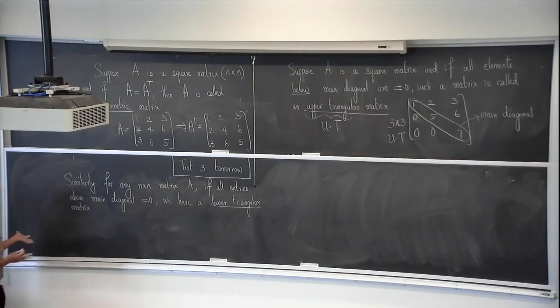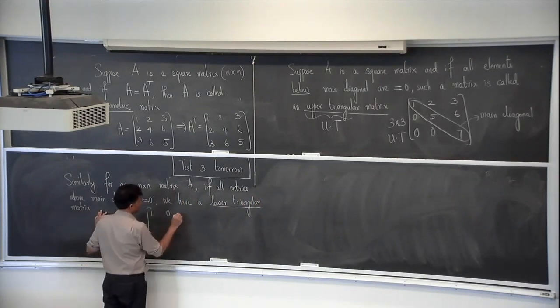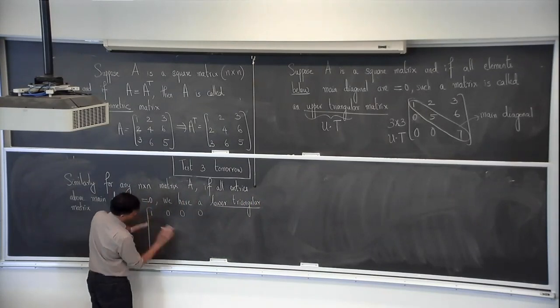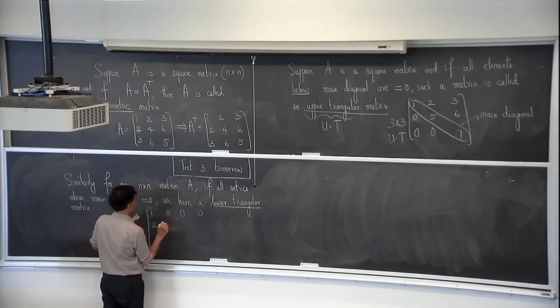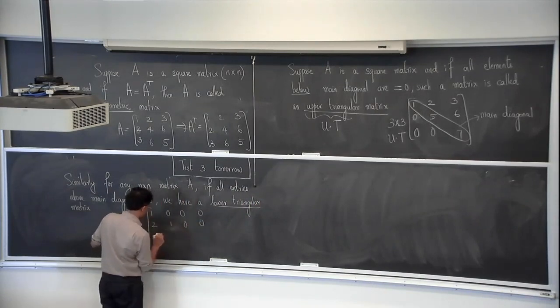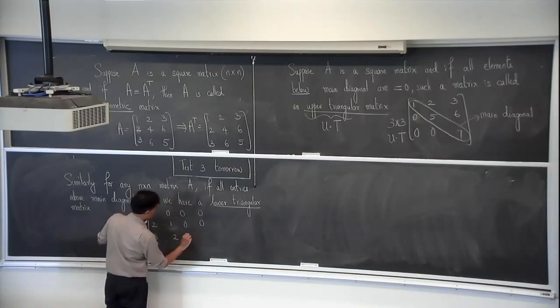So a lower triangular 4 by 4 matrix will look like this. So 1, 0, 0, 0, 2, 1, 0, 0, 3, 2, 5, 0.